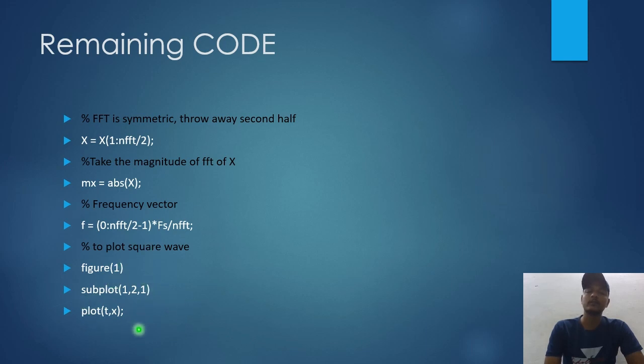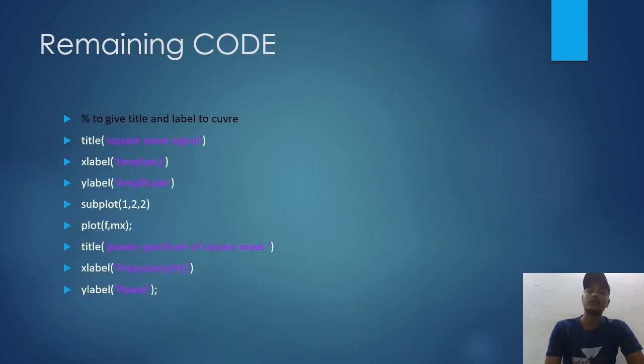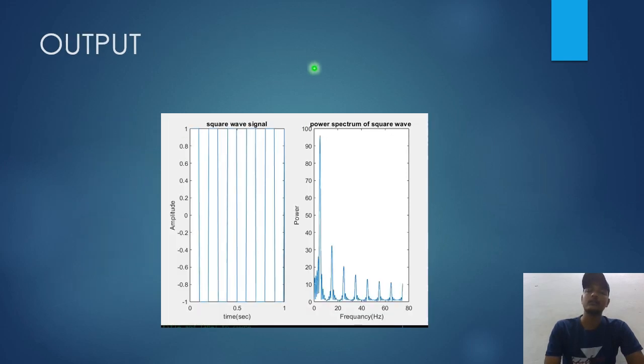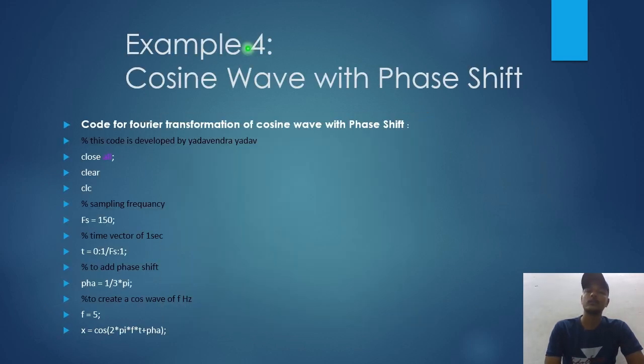Now plot square wave, figure 1, subplot 1 by 2, 1, plot t of x, and again give the labels and title, square wave, x label time. Then subplot 2, plot f of mx, power spectrum, x label frequency, y label power. This is the output that we got from the square wave signal, and that is the Fourier transformation of a square wave signal.